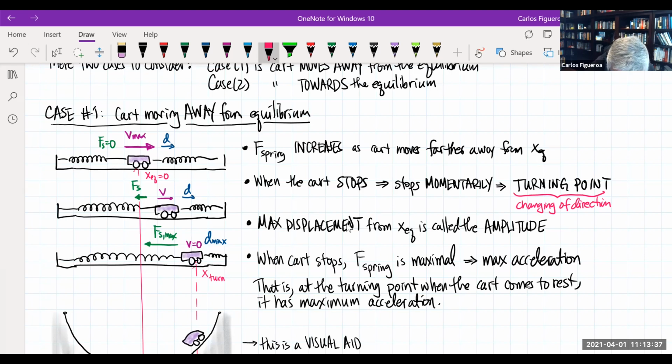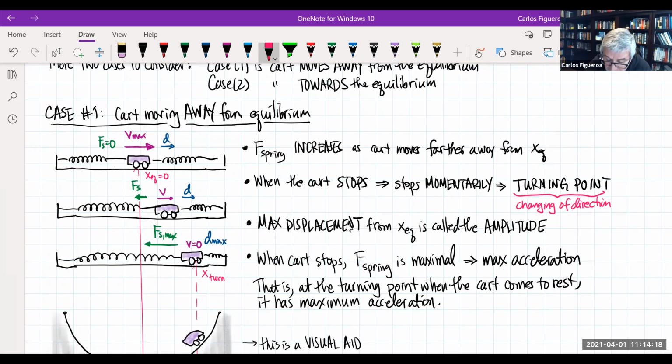And as the car continues to move as far as it can to the right, the kinetic energy is opposite of the work done by the spring. At the point that it stopped, we said that this was maximum force being applied. So really quickly, the spring force increases because it's dependent upon position. The farther we are from the equilibrium point, the more work is done. When the car stops, it stops momentarily. That's what we call the turning point. That's where you're getting a change in direction.